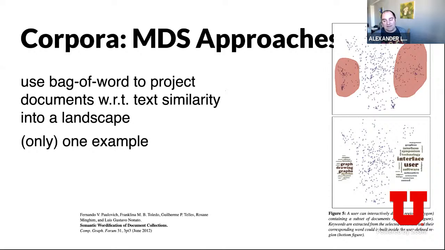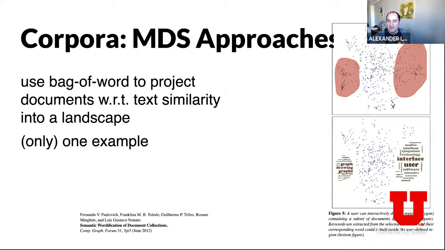More commonly and more general are MDS approaches to analyze text corpora. So here you use this bag of words approach that I mentioned earlier to project documents with respect to their similarity into a landscape. And then you would expect that similar documents end up close to each other. And so here's an example of how this would look.